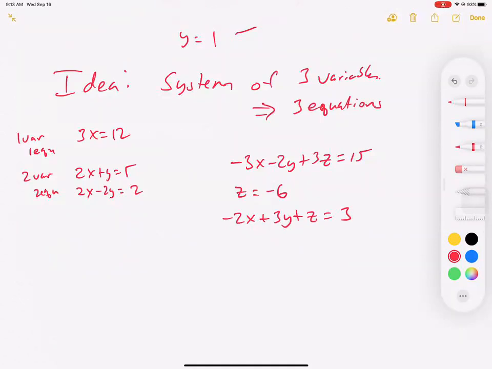Now, if you notice here, we end up with 3 variables in 3 equations. They're 3 separate different equations.